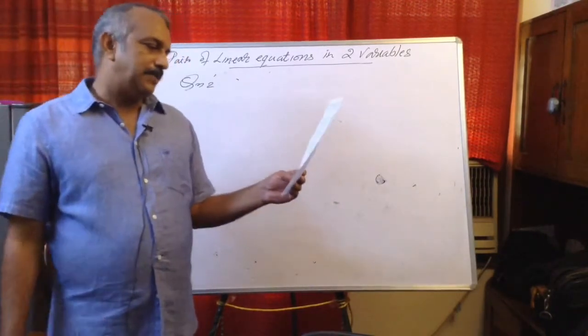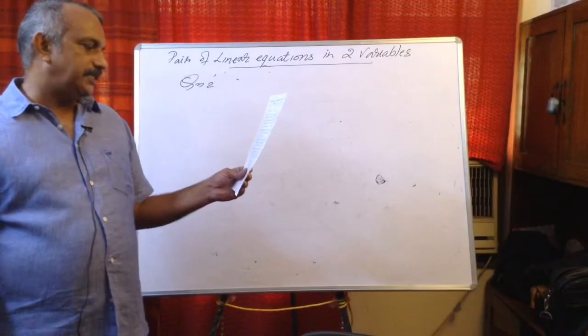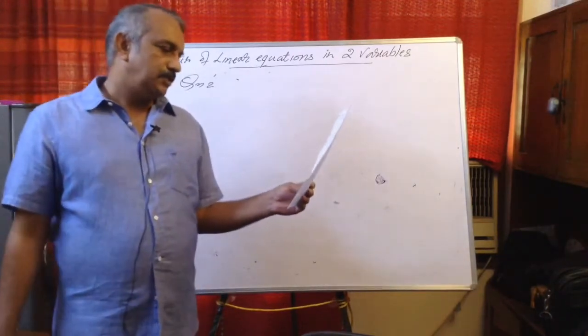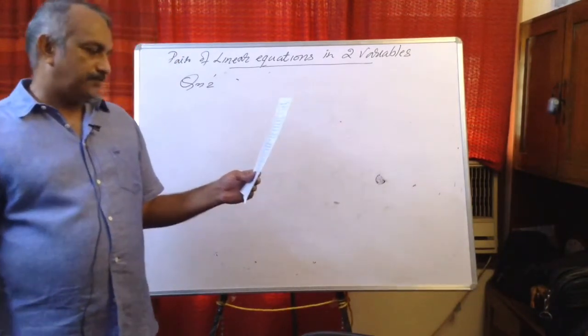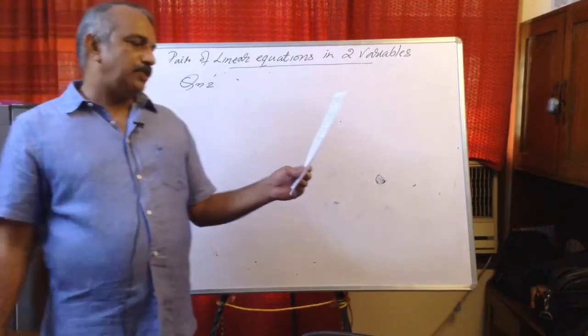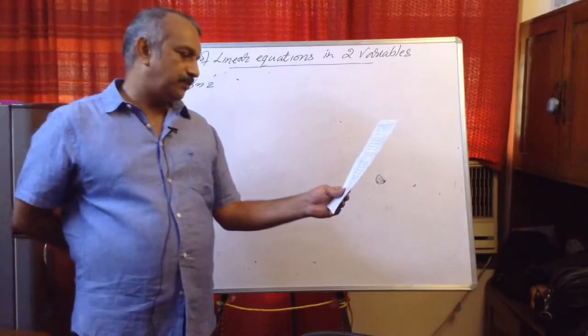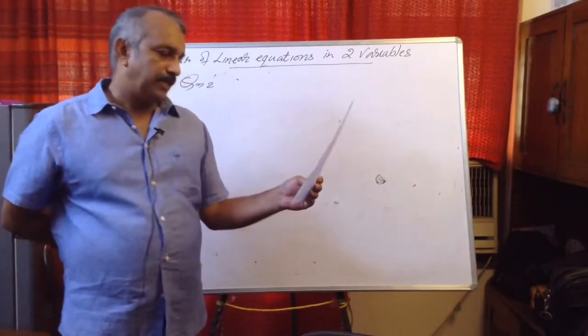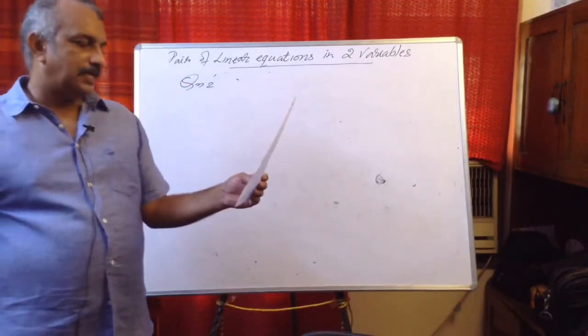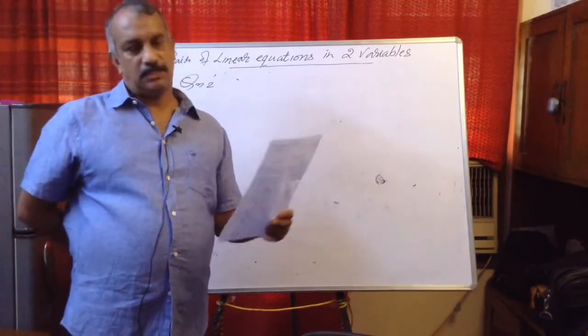See, a lending library has a fixed charge for the first 3 days and an additional charge for each day thereafter. Sarita paid rupees 27 for a book kept for 7 days, while Susie paid rupees 21 for a book kept for 5 days. Find the fixed charge and the charge for each extra day.